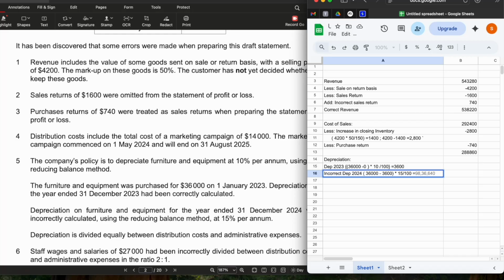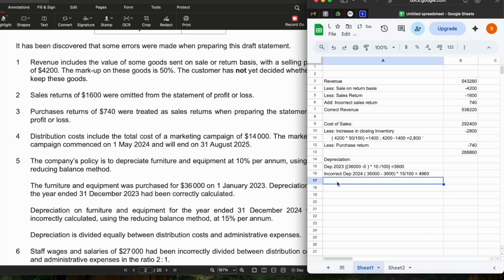So if we calculate depreciation at 15%, then we get 4,860, and this is the incorrect depreciation.